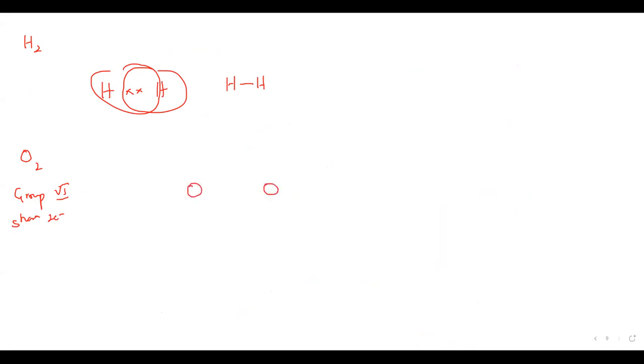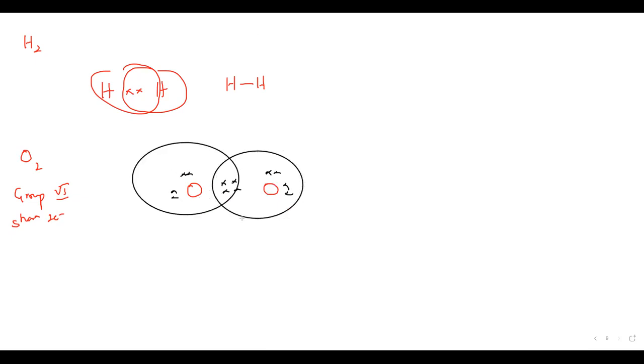So each oxygen will share 2 electrons with the other oxygen, and unshared will be 4. So there are 2 pairs of electrons between the 2 oxygen atoms. So how do we represent that? Each pair is represented by a single line, so 2 pairs are represented by a double line.